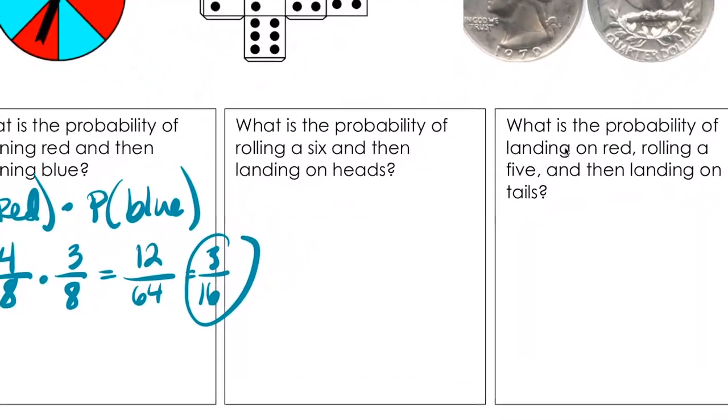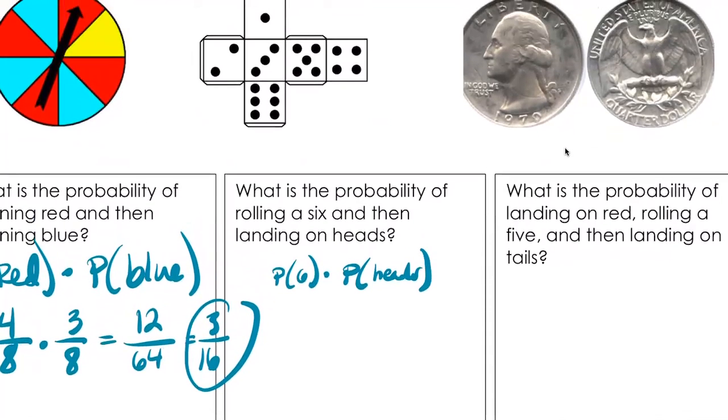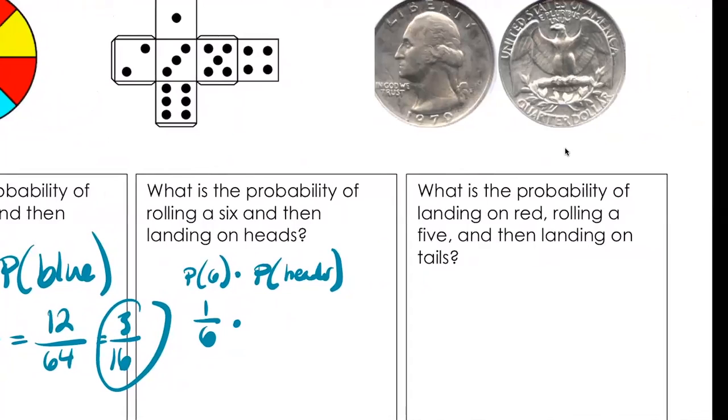What is the probability of rolling a 6 and then landing on heads? So probability of 6 times the probability of heads. There is 1 6 on this dice, and there are 6 sides in the dice total. So the probability of getting a 6 is 1 out of 6 times the coin has 2 sides, only 1 side is heads.